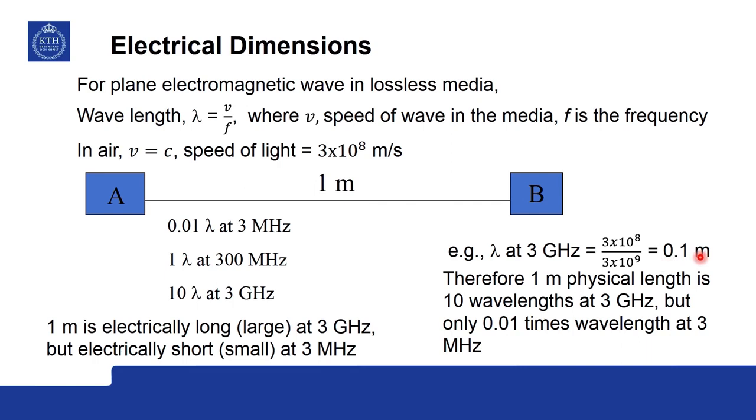So, it is several wavelengths, whereas at 3 megahertz, it is covering only a portion of a wavelength. So, it will be electrically short. The same distance, same cable will be electrically short or electrically small at 3 megahertz and electrically large at 3 gigahertz. These concepts we will be using very often.